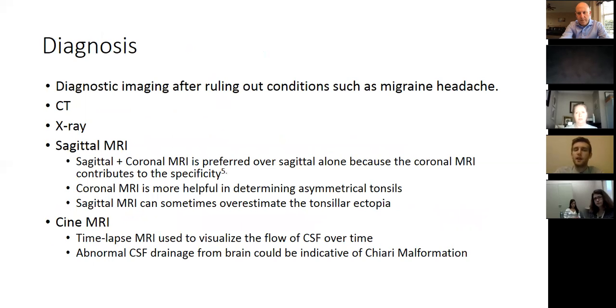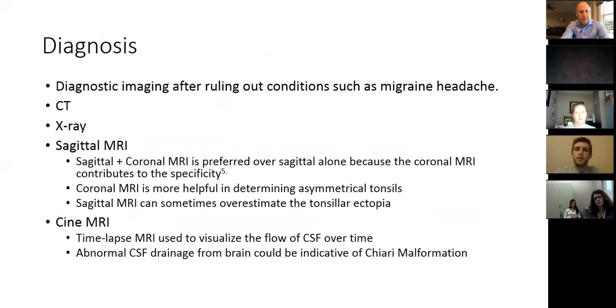So how is Chiari malformation typically diagnosed? Before patients are sent for imaging, they'll sometimes be ruled out for other issues that can be treated with pharmacotherapy, something like migraine, headache, or something else that may be causing their symptoms.